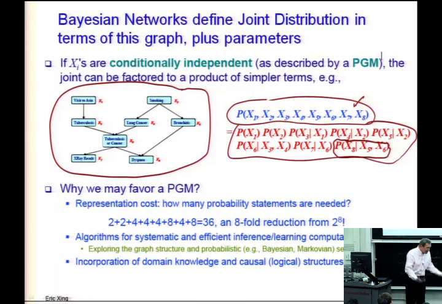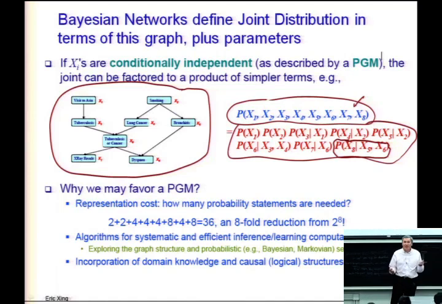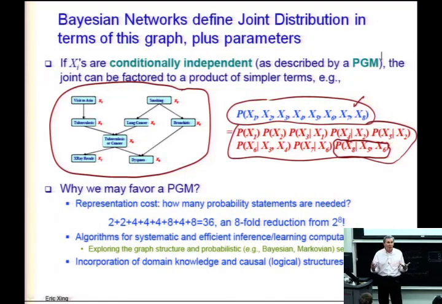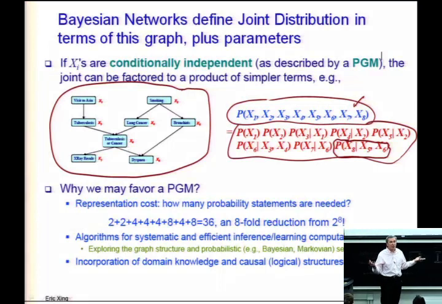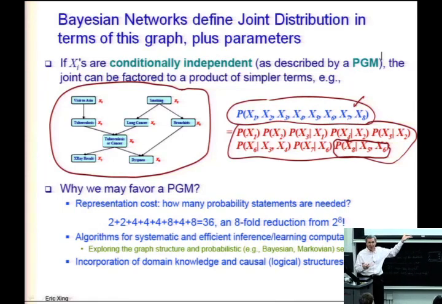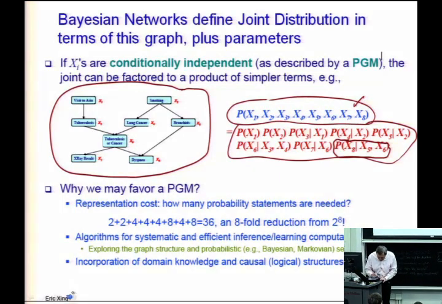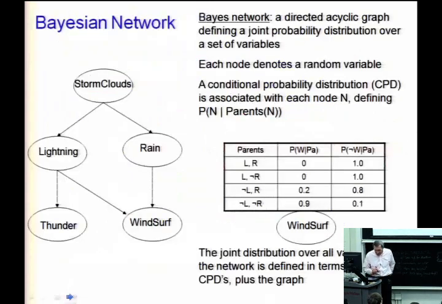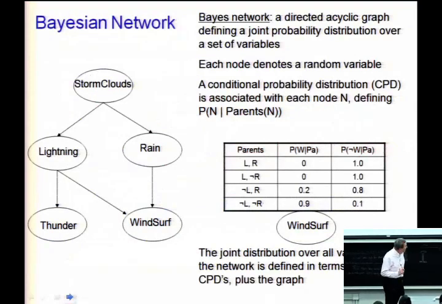And then the argument for doing that is very similar to our argument for using naive Bayes. It allows us to reduce the number of parameters that we need to use to represent the joint distribution, and it allows us to improve the tractability of reasoning about, of answering probabilistic inference questions, and improve also the tractability of learning the joint distribution because of these assumptions.